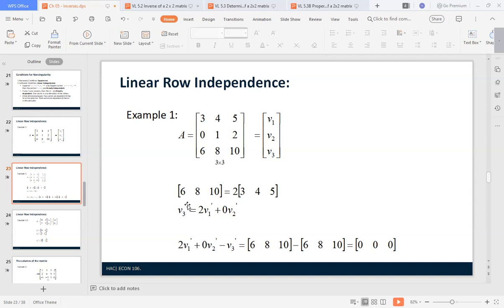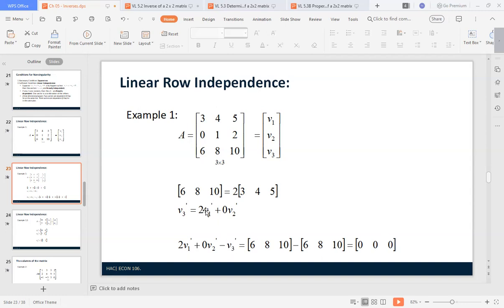We can also rewrite this as V3 prime, so that's 6, 8, 10, equal to 2V1 prime, plus 0 V2 prime. So again, we have multiplied a scalar 0 to this row to support our argument that this equation would be equal to 0.